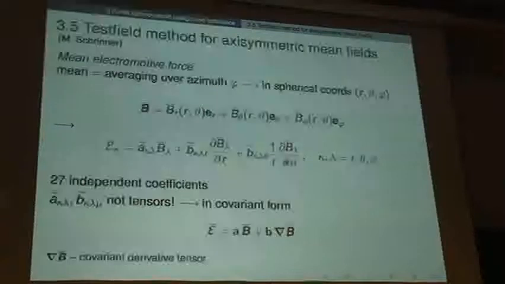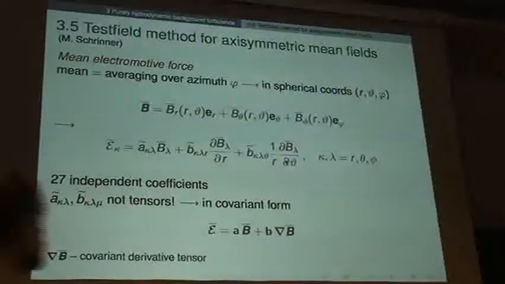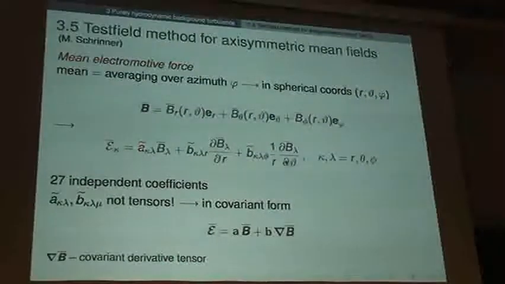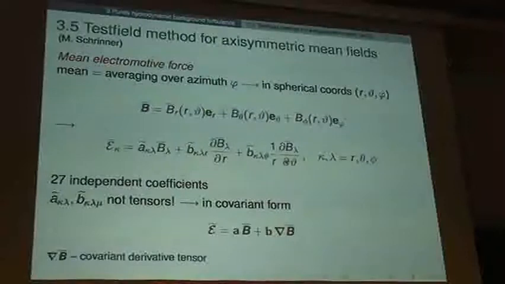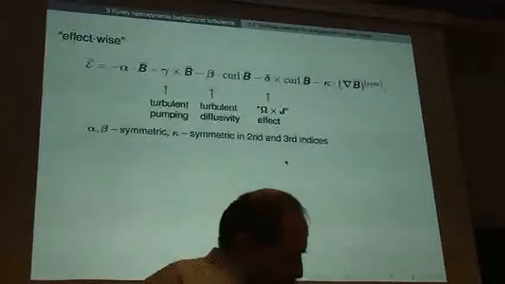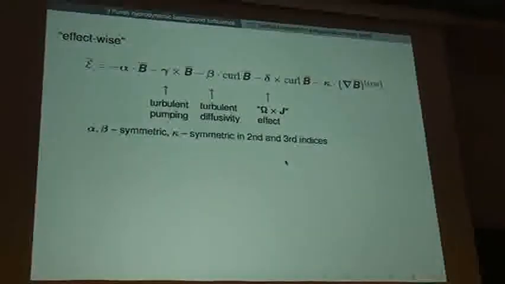And then one could ask for the relationship between these components with the tilde and these tensors. One may rewrite the covariant form in a sort of effect-wise representation. Sorry for this minus. This is simply conventional, so it doesn't mean anything relevant.